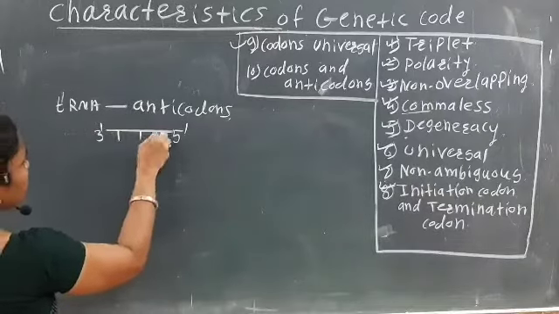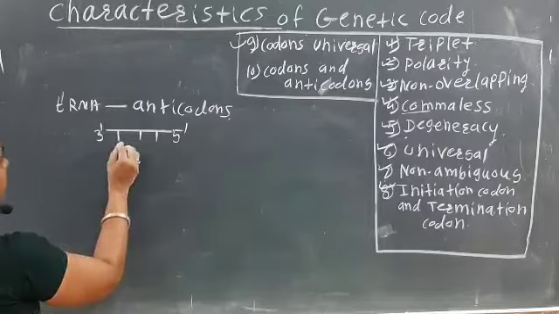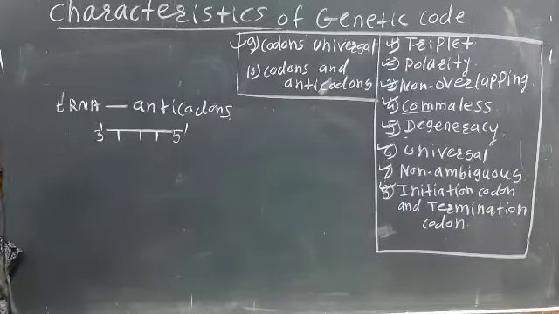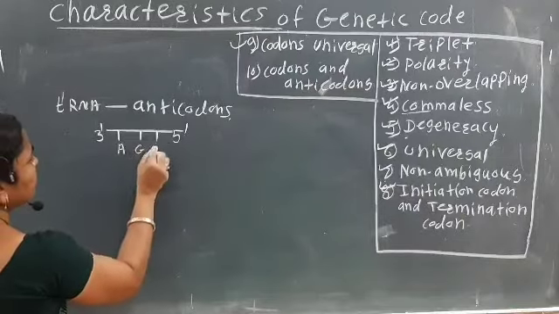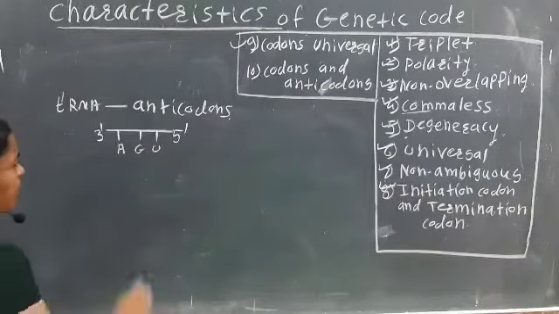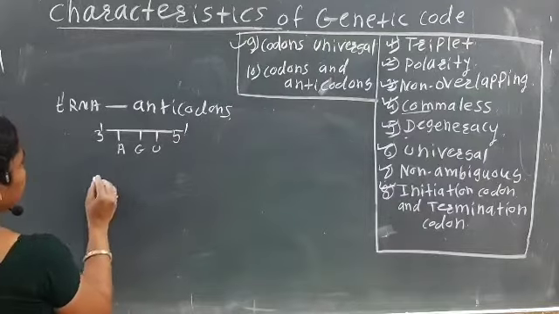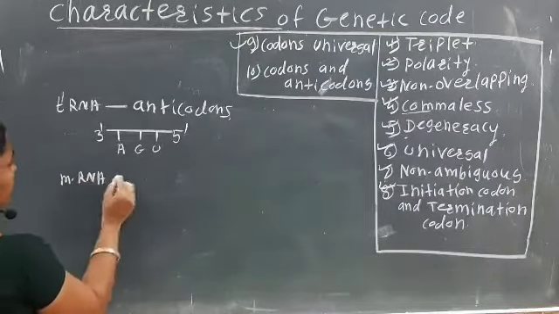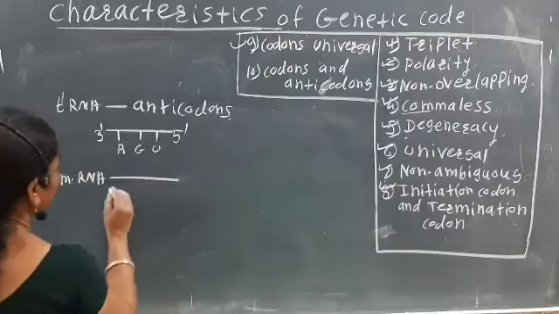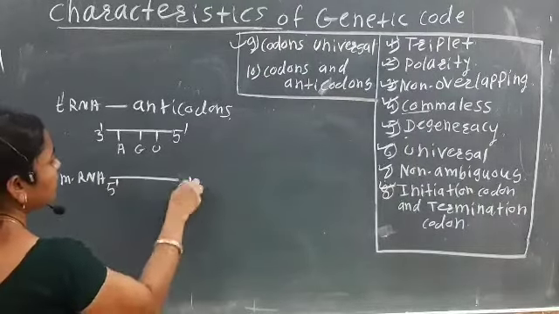So on the tRNA, the nitrogen bases present, they are the anticodons. And these anticodons, for example A, G, U, these are the anticodons. So the complementary, there are the codons which are present on the mRNA. Okay, and this mRNA, the codons which are present, these are read 5' end to the 3' end.